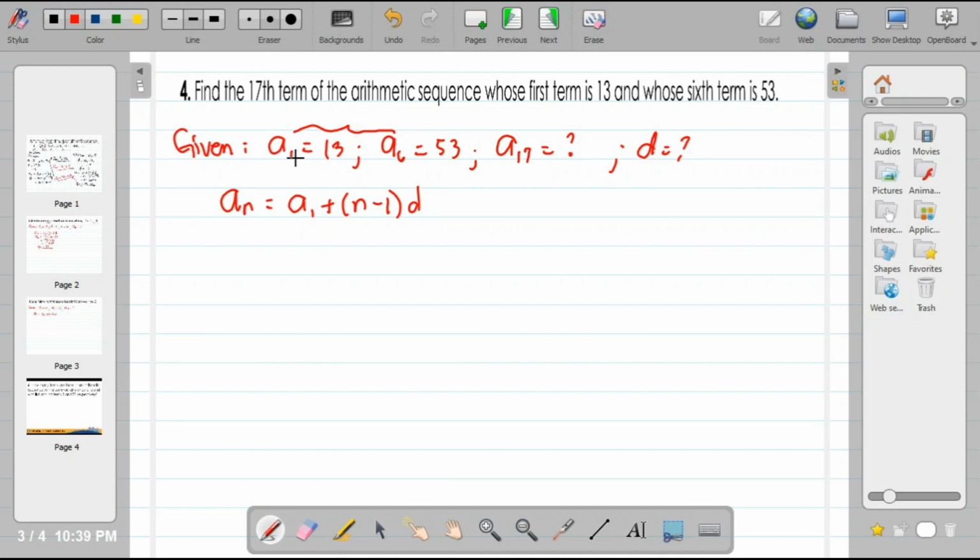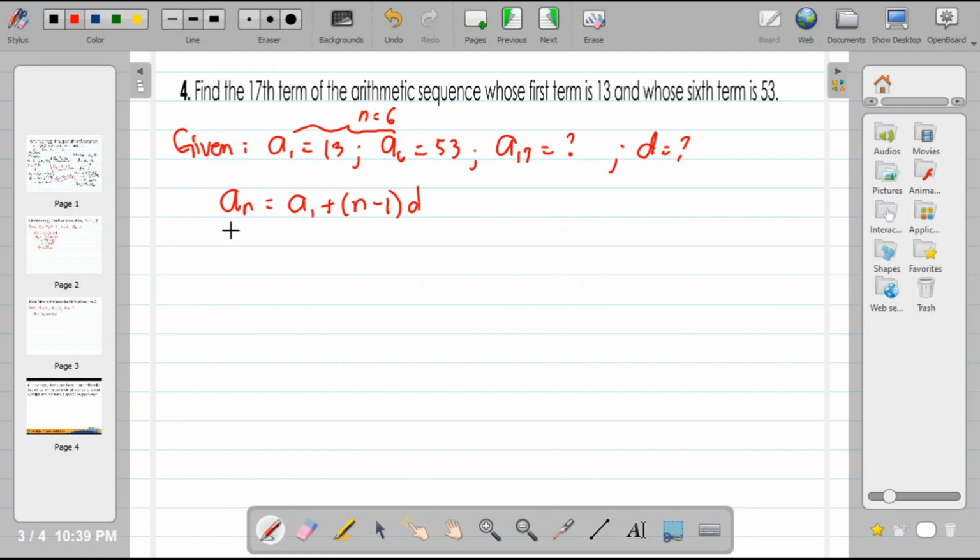So kung ang atong a sub 1 is 13, ang atong a sub 6 is equal to 53, ang atong n nga gamiton ani kay 6 kay ang last term na to ani kay si 6 man. Again, atong gigamit ang information a sub 1 to a sub 6. Dili sa ta mo tan-aw ni a sub 17. The purpose for this is to find the common difference.